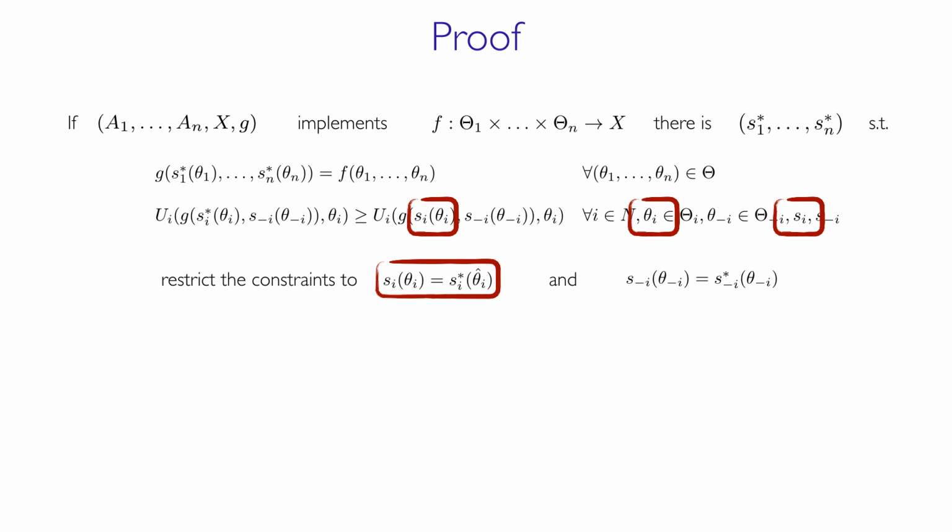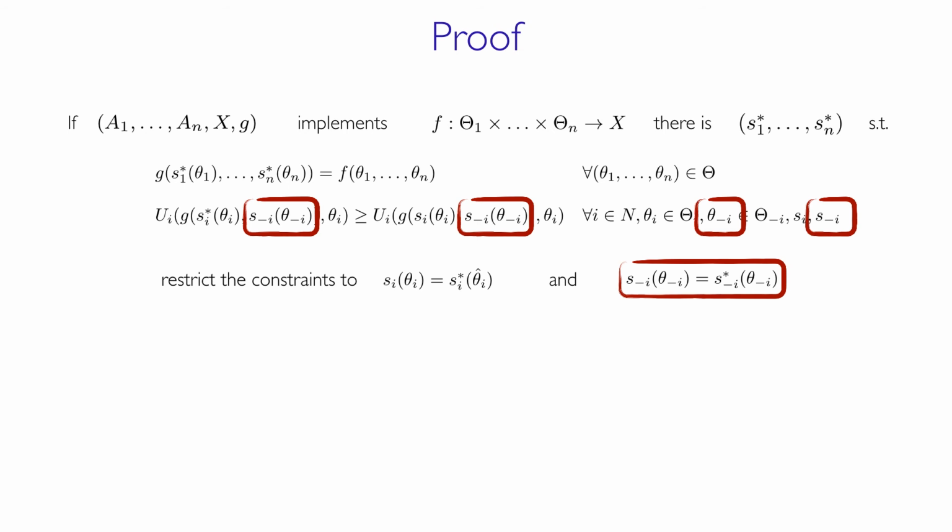In practice, the original condition is that S star is better than any other strategy S. In our restriction, we require that S star for type theta is better than any other S star of the same player, but with different type, denoted with hat theta i. Obviously, the set of strategies S star of every type theta is a subset of all the strategies S.